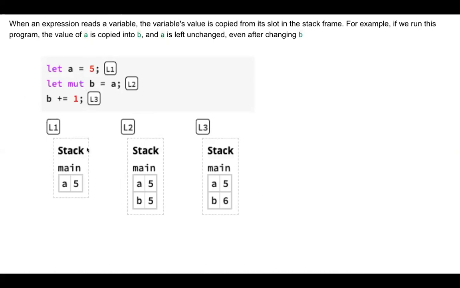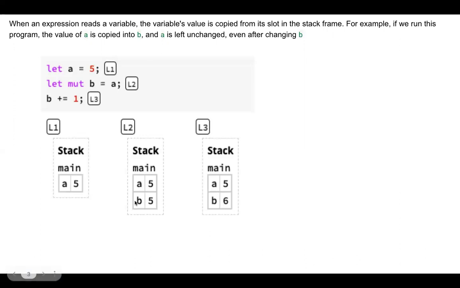Variables: when an expression reads a variable, the variable value is copied from its slot into the stack frame. For example, first, this is a similar line, let a equal to 5, inside function main. It will allocate a memory area, name it a, and store the value 5 in it. Then this line comes, and it's copying, but it's a mutable b.